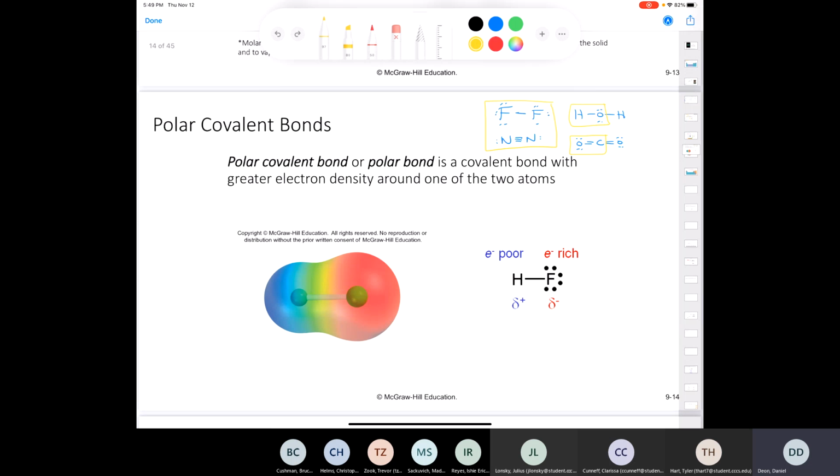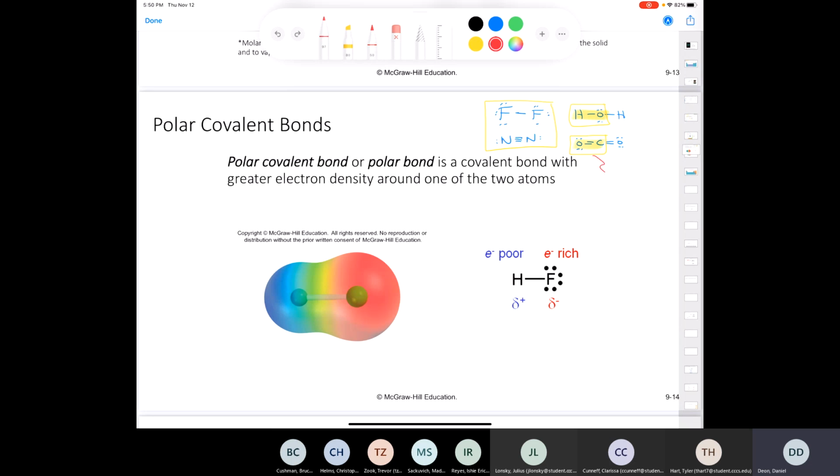But what I'm here to tell you is that when you have two elements that are different, like a hydrogen and an oxygen, or a carbon and an oxygen, and these are just some examples, they share the electrons, right? Because these are covalent compounds, right? There's no metals in water or carbon dioxide, so they must be covalent bonds, which means that the electrons are shared. But what we're going to see is that the electrons are not shared equally.